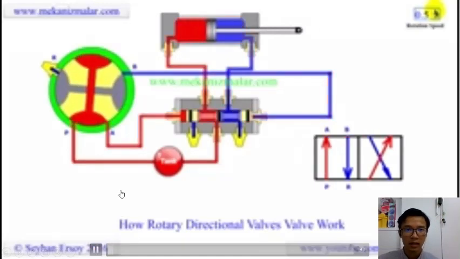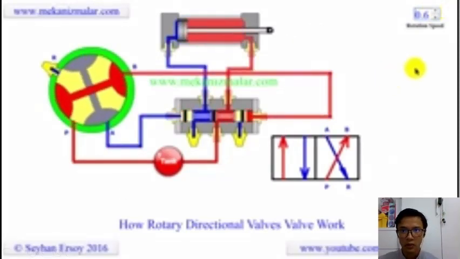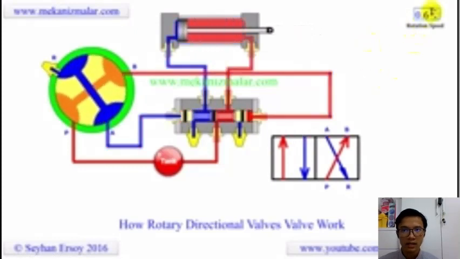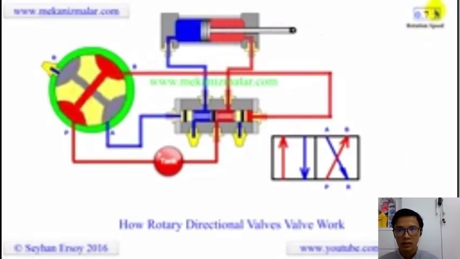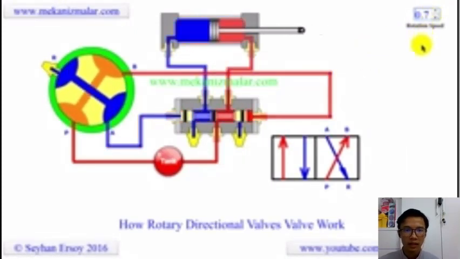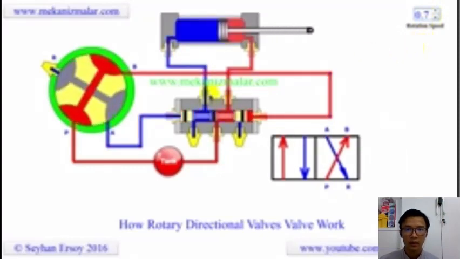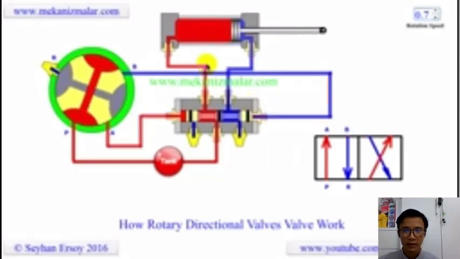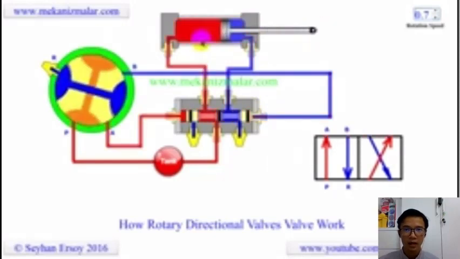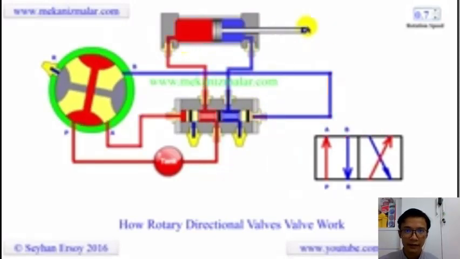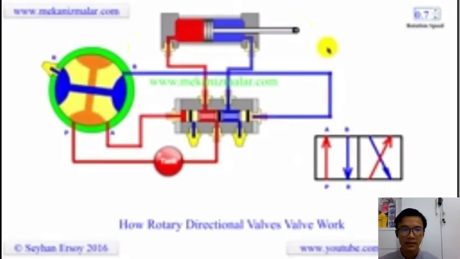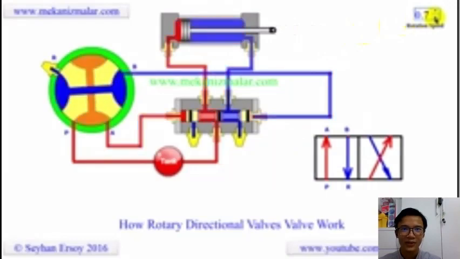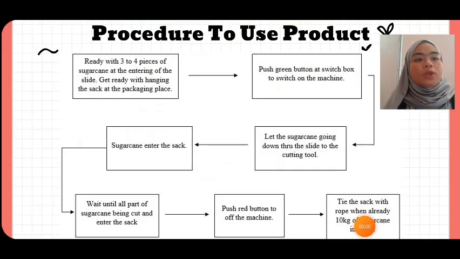As you can see in the picture, we can always adjust our speed using the button, and that is how our pneumatic cylinder retracts and does the cutting work. So that's all for me. Thank you.